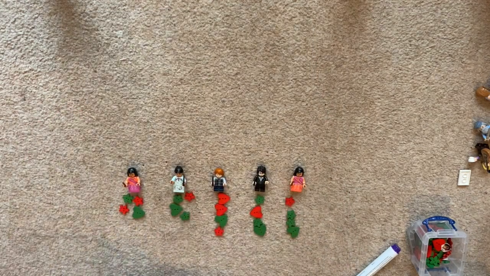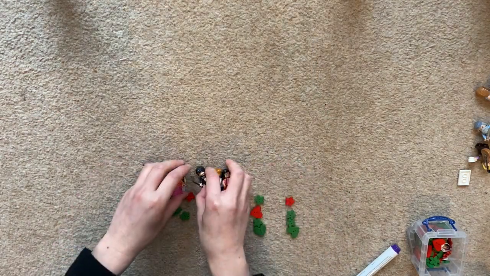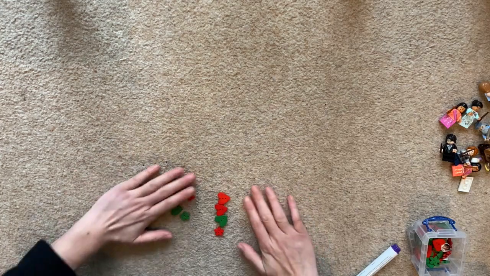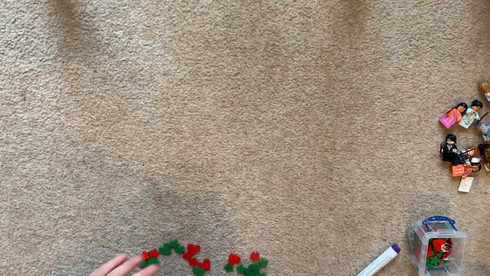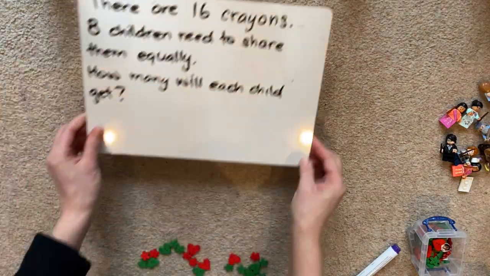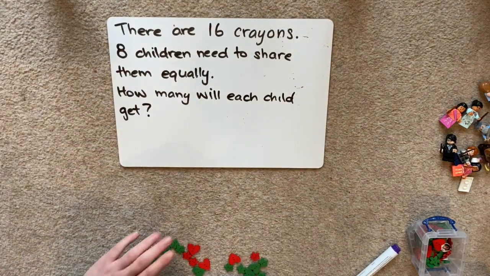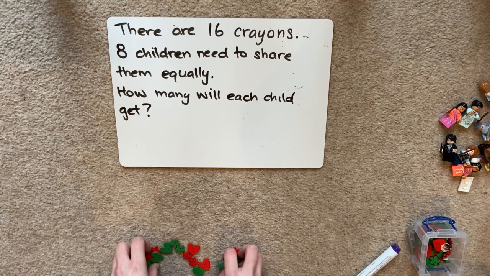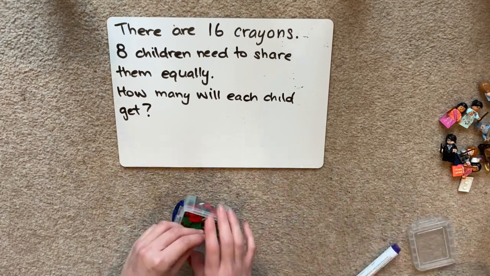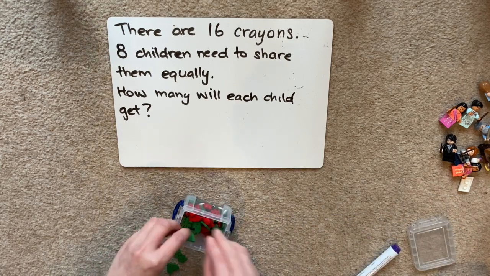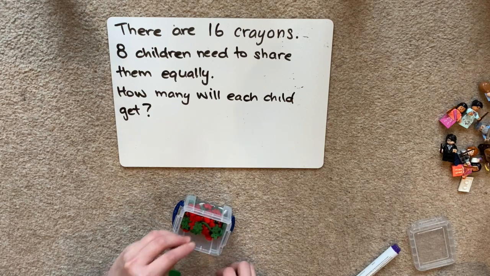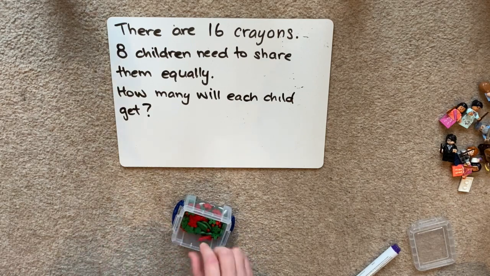Let's do another example. Let's put the Hogwarts children away. Next question, we'll do this one. There are 16 crayons. 8 children need to share them equally. How many will each child get? So, 16 crayons.